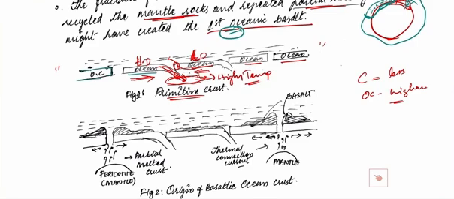Due to melting and accumulation of this subducted plate, we see formation of lava, and due to upliftment and the movement of the plates, it forms into a volcano, gets exploded and flows like this.